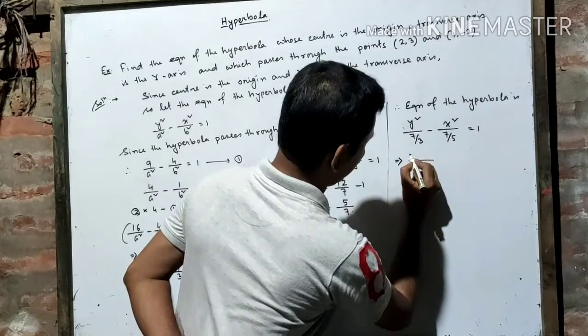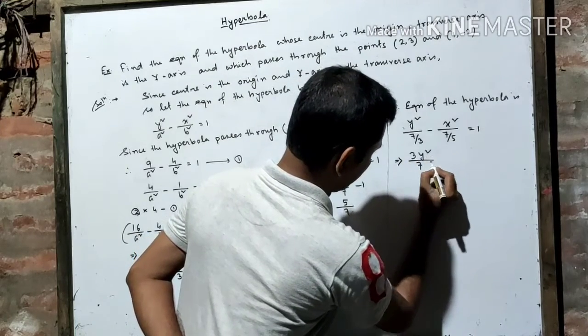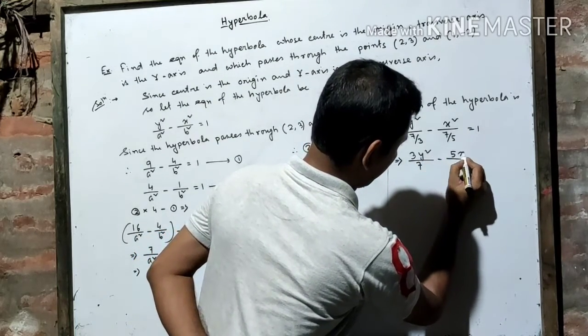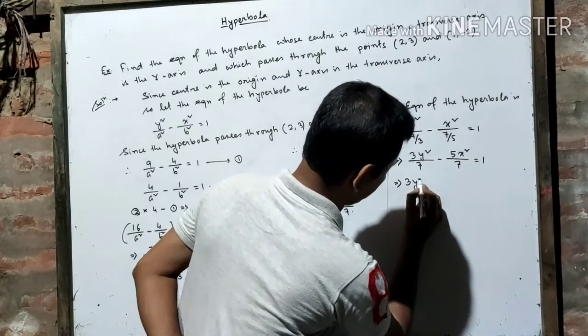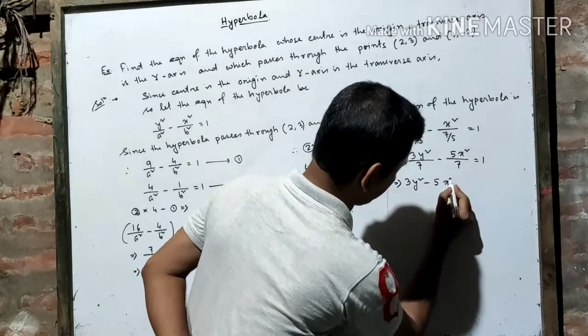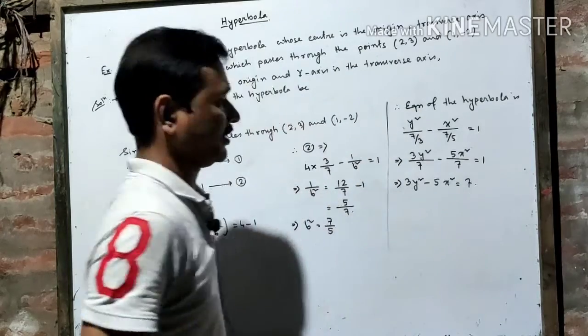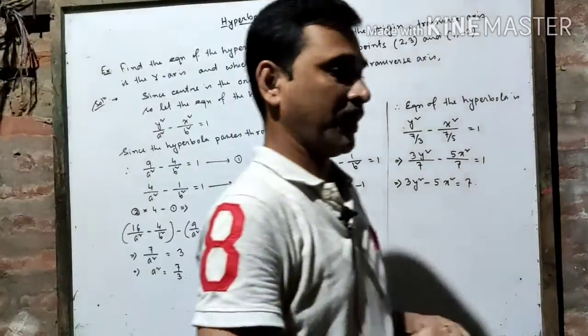Simplifying, 3y square by 7 minus 5x square by 7 is equal to 1. Or further you can simplify, 3y square minus 5x square is equal to 7. So this is the equation of the hyperbola.